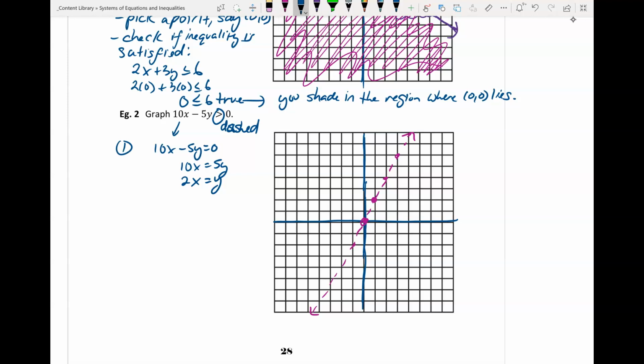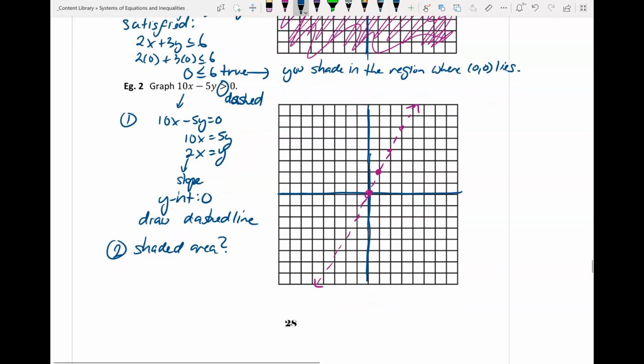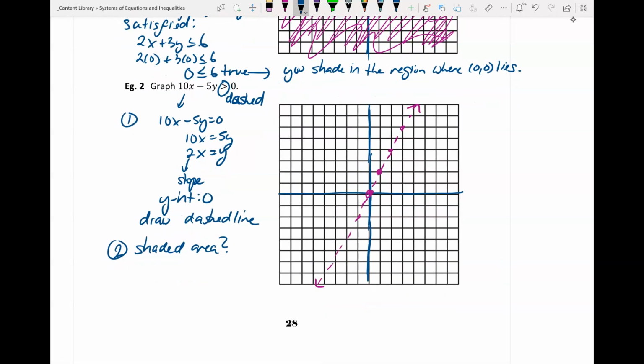So that was step 1, where this was your slope. Our y-intercept was 0. I drew a dashed line for that. The next thing we're going to do is find the shaded region. And this time we can't pick 0, 0 because that is the part of our line.